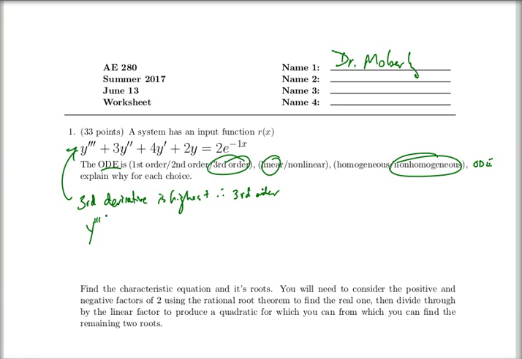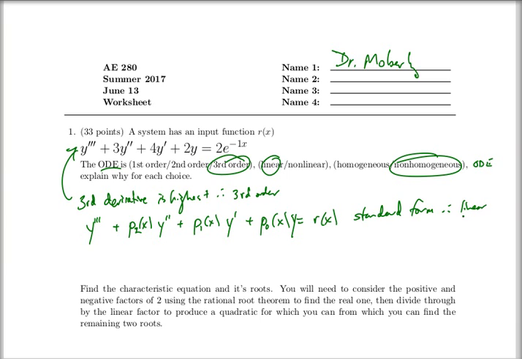The standard form is P2 y'' plus P1 of x y' plus P0 of x y equals r of x. Standard form, therefore linear. I guess it's actually maybe called the linear standard form.